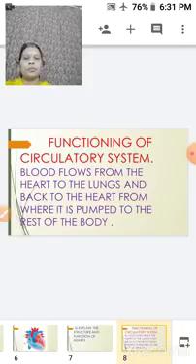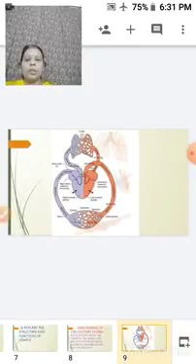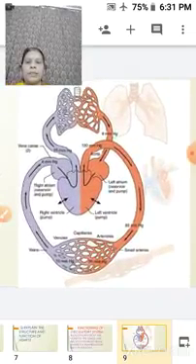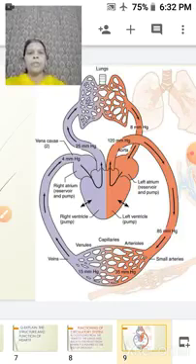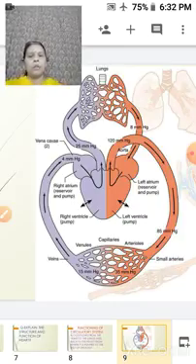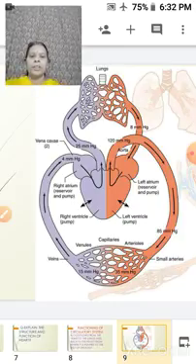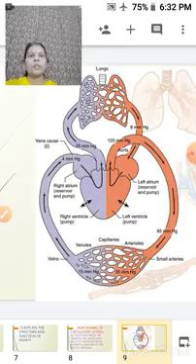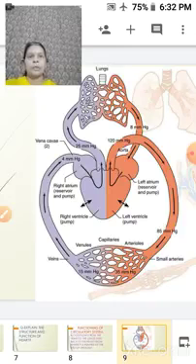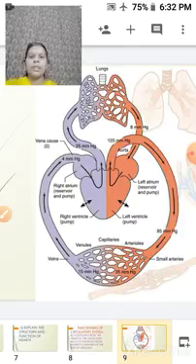Here you can see within the figure how it goes from one auricle to the other auricle and then to the ventricles. Blood keeps circulating within our body by the contraction and relaxation of the heart. The heart keeps pumping the blood to the lungs as well as to all the other parts of the body.